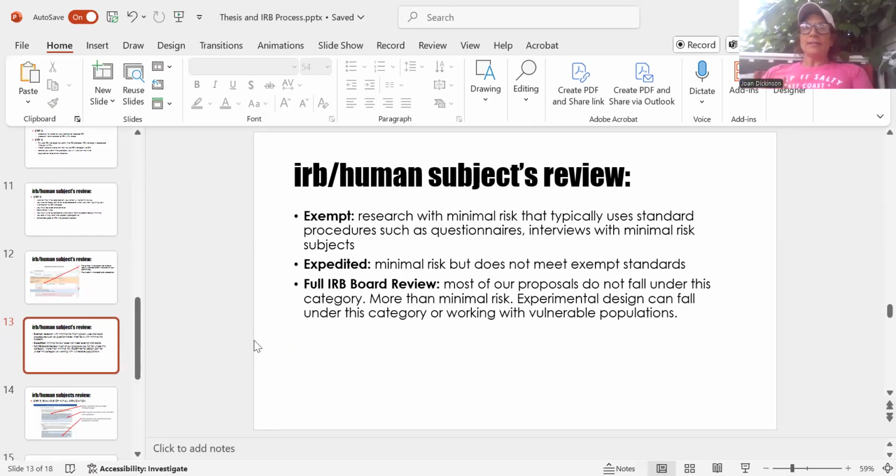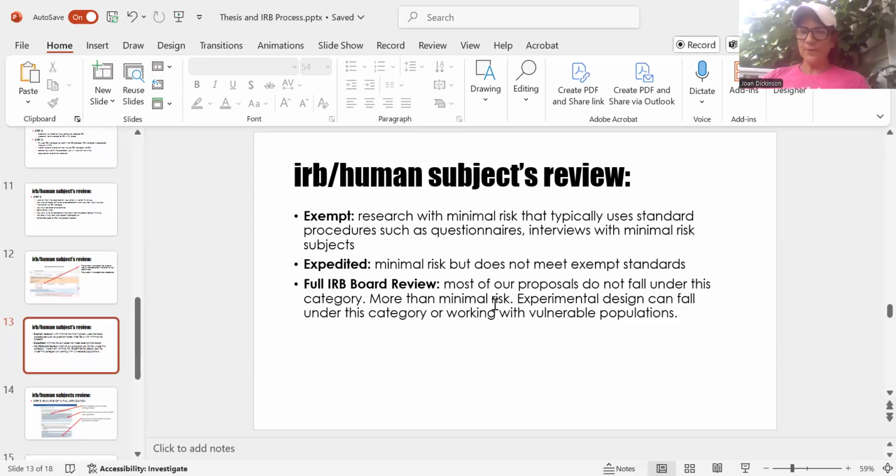You are going to get a sense of what this application is like, but don't be surprised when you go into IRB Manager if the application is slightly different from what we do in this class. Again, my goal is to give you an overview of this process, to give you an idea of what this process entails, but you will work more individually with your committee chair when it comes time to getting your IRB approval.